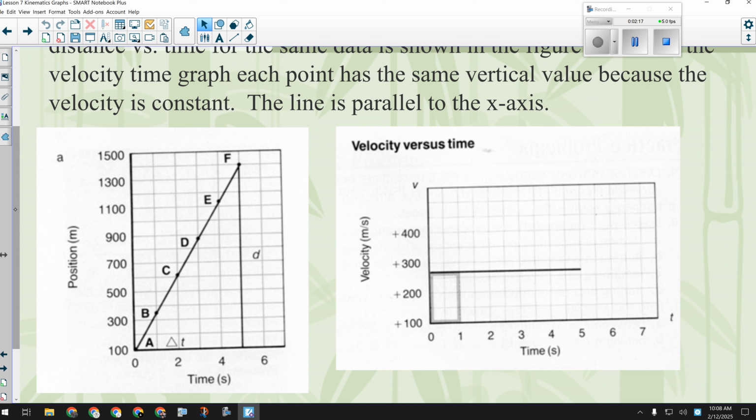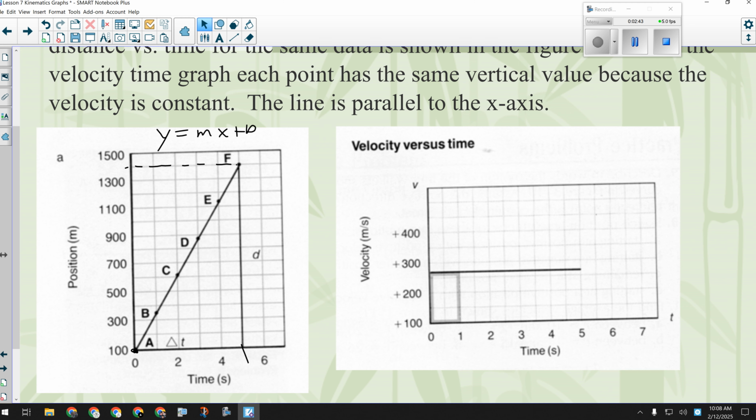And we can prove it. From this graph, could I calculate the velocity of this object? Yeah, because I can use this. I know the y-intercept is 100 on this graph, so I know what b is. I can use that for y, it'll be 1400, and I can use 5 seconds for x, and I can solve for m.